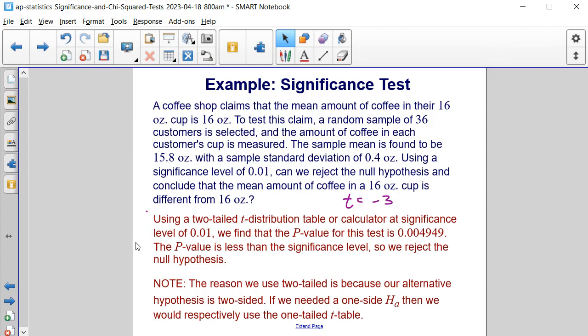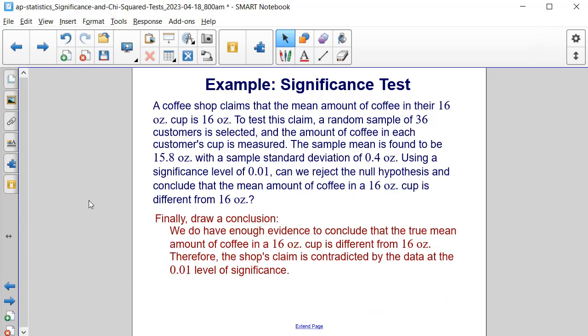This p-value is much less than the significance level of 1/100th, so we can therefore reject the null hypothesis. And the reason we use two-tailed in this problem is because our alternative hypothesis is two-sided. If we needed a one-sided alternative hypothesis, then we would respectively use a one-tailed t-table.